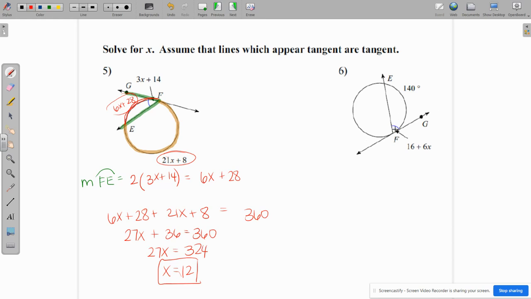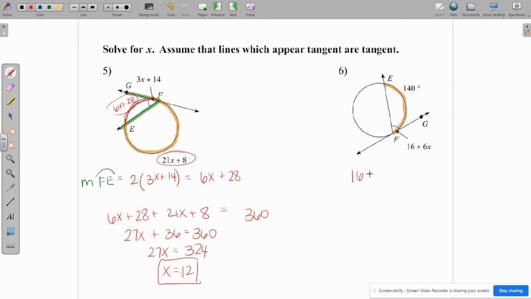Let's check over here. Again, we're given an angle measurement. In this case, we're given angle EFG is 16 plus 6x. But in this case, we're also given the intercepted arc, EF, and we're told that that's 140 degrees. So what we know is that this angle measurement is half of this entire arc over here.